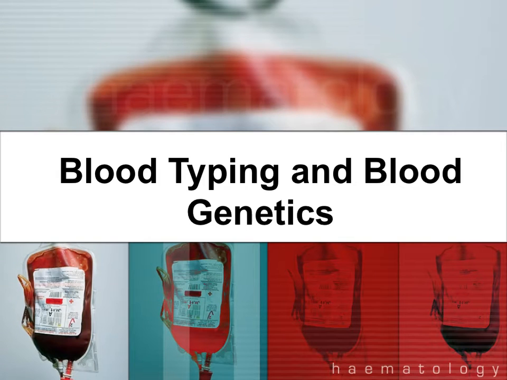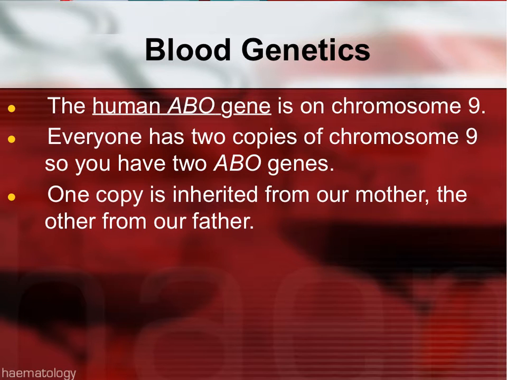Hello everyone! So in our last lesson we talked about examples of codominance and incomplete dominance. Well, in this lesson we're going to be talking about blood type, because blood type is an example of multiple alleles. Now, just like any other trait, you are going to be inheriting one copy of the gene, the allele, from mom, and one copy from dad.